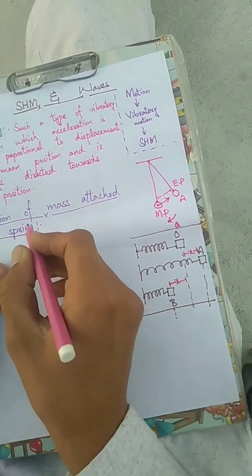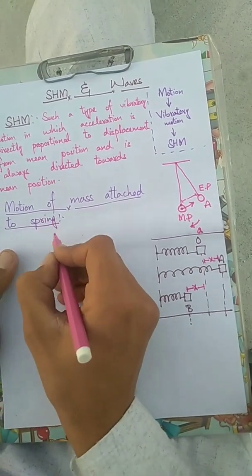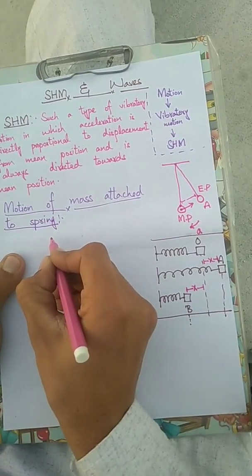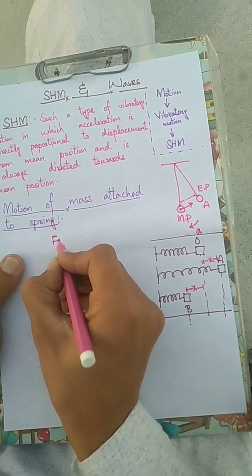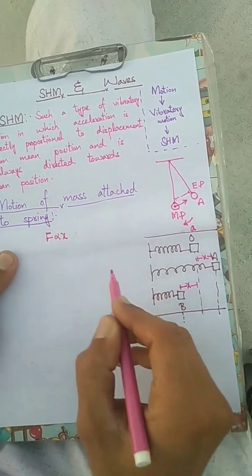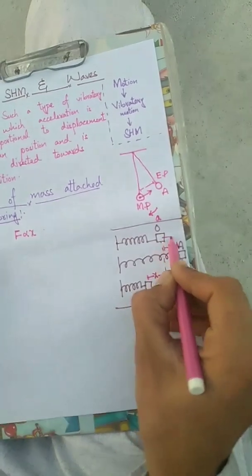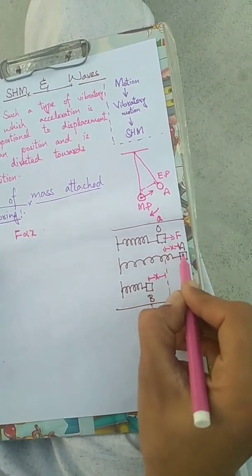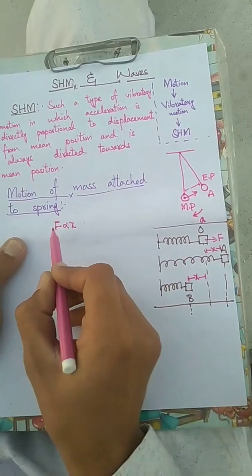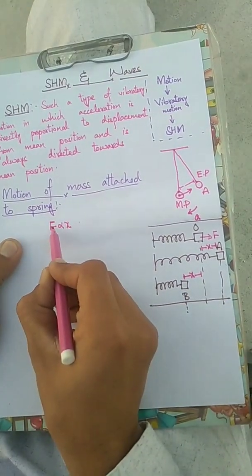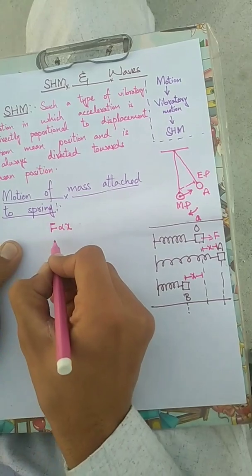So we know that by Hooke's law, when we apply an external force F, this force is directly proportional to displacement. That is, if we increase the force which we are applying here, then displacement would also increase. So F is directly proportional to x, that is, force is directly proportional to displacement.